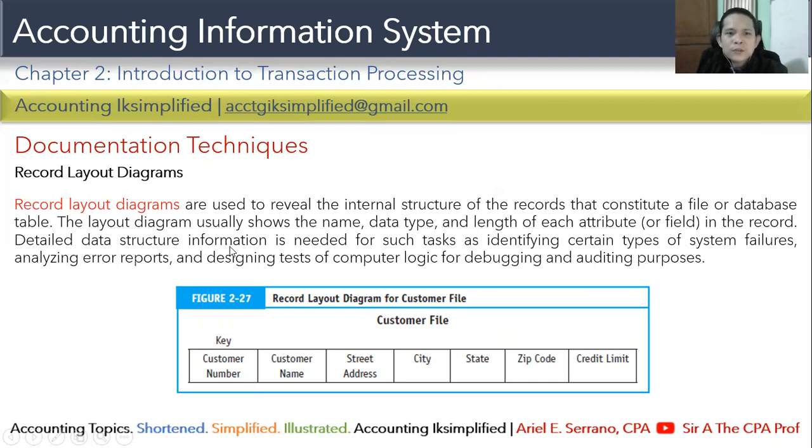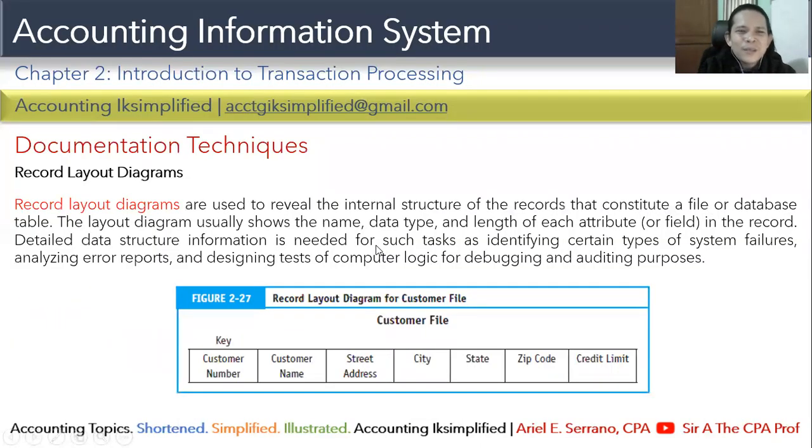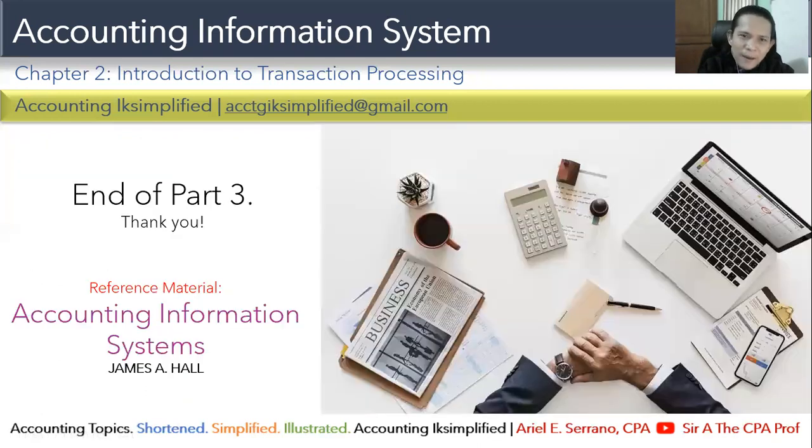Detailed data structure information is needed for such tasks as identifying certain types of system failures, analyzing error reports, and designing tests of computer logic for debugging and auditing purposes. Okay? So, yun po muna, hanggang dito muna tayo. Please take note, this is a record layout diagram.